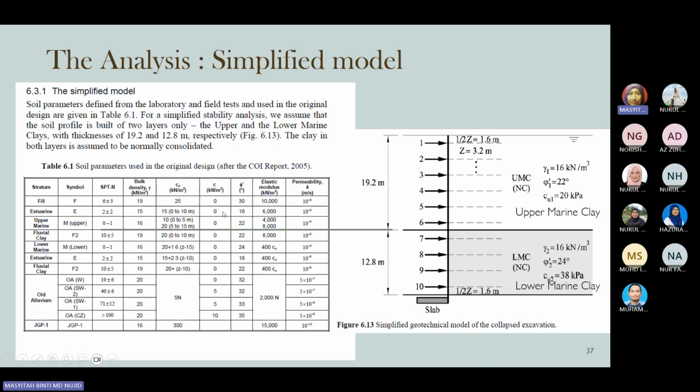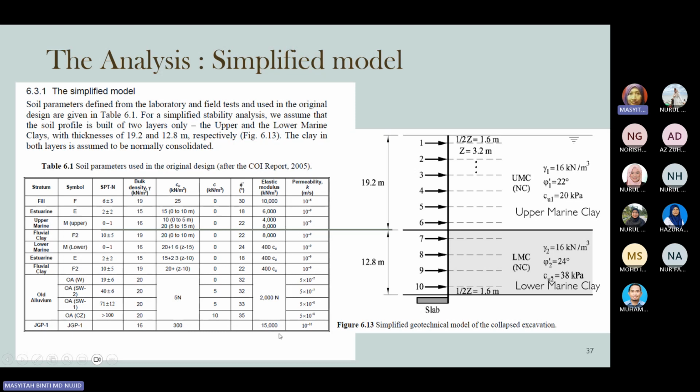The coefficient here is 0 from the top until a few meters below the ground surface. Then it is 5 kilonewton per square meter, 5 kPa, and finally 10 kPa. This value indicates the soil is very soft, because the strength can only be captured a few meters below the ground surface, and it relies on the internal friction angle.